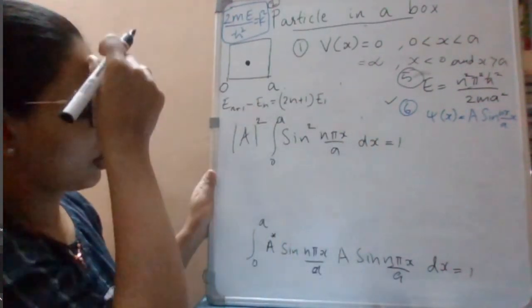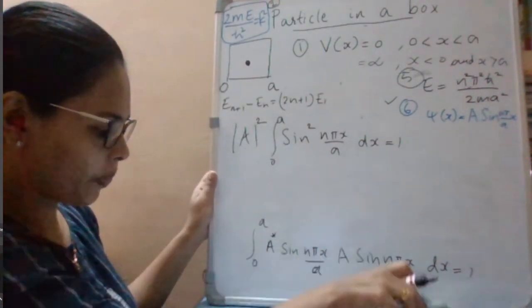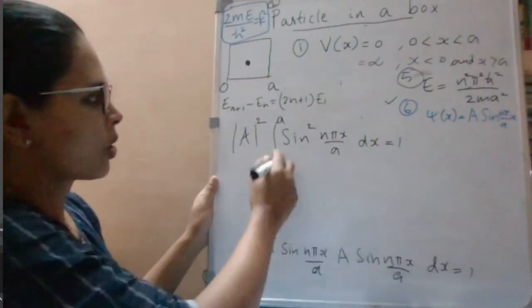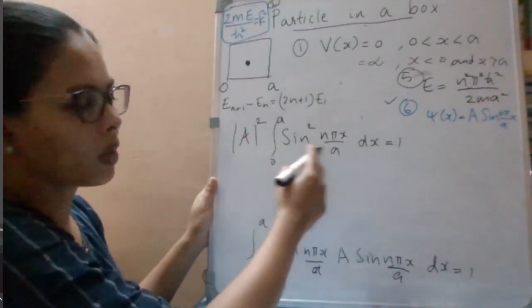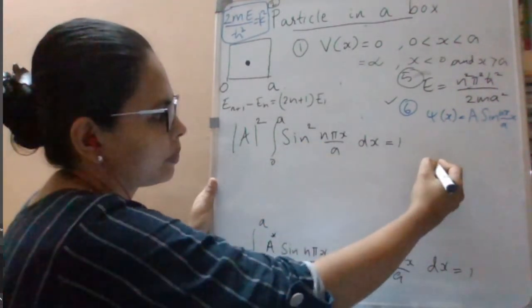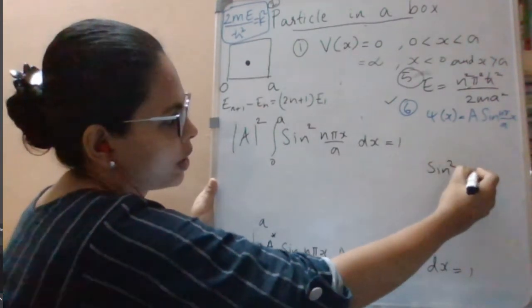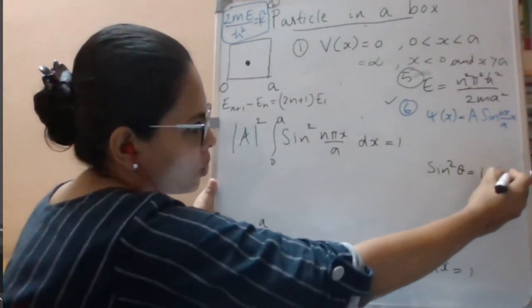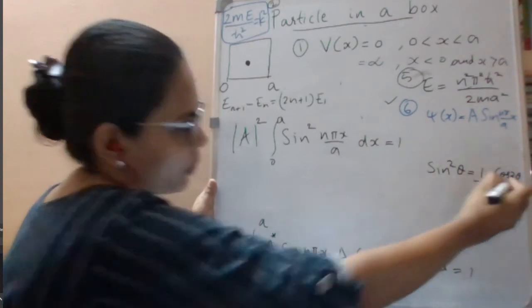Now the expansion of sine square theta is 1 minus cos 2 theta by 2.